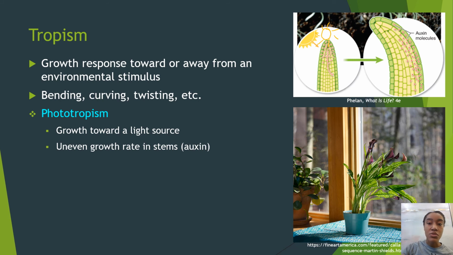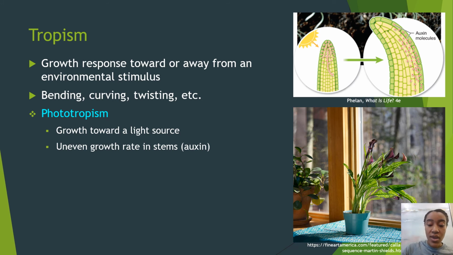But as we mentioned before, the distribution and concentration of auxins are influenced by gravity and sunlight. So if the light source is now moved to the right or left of the plant, then the concentration of auxins will be redistributed so that they're more concentrated on the shadowy side of the stem.